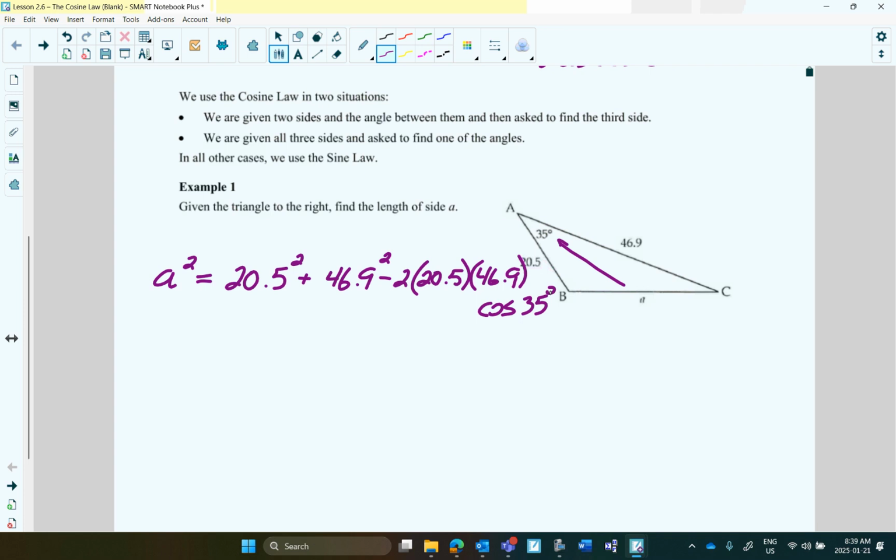And then it's just a matter of calculating order of operations, and then at the end square root to find a.